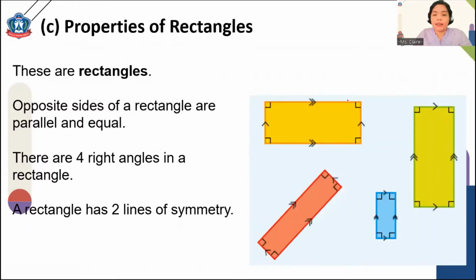This side here on the top and here are parallel and they have the same length. This side also are parallel. It has 4 right angles, just like a square, but it has only 2 lines of symmetry. Here, 1 and 2. Not like a square, which has 4 lines of symmetry.